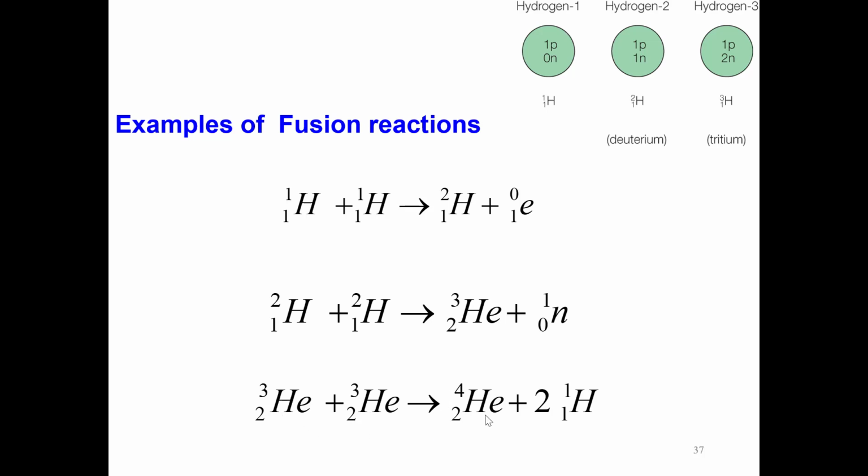Here we have a beta particle, this is the symbol for a beta particle, plus two isotopes of hydrogen. This is how we can identify the fusion equation.